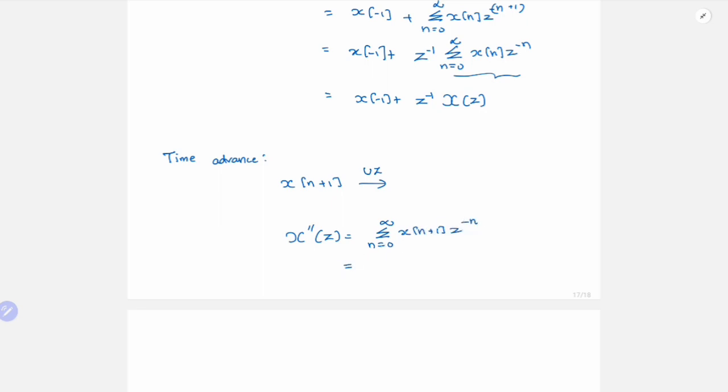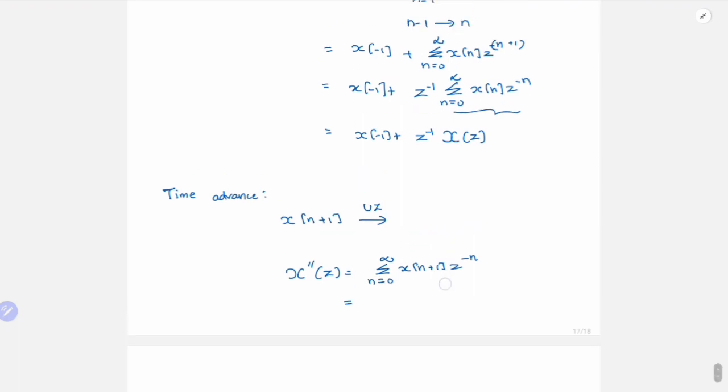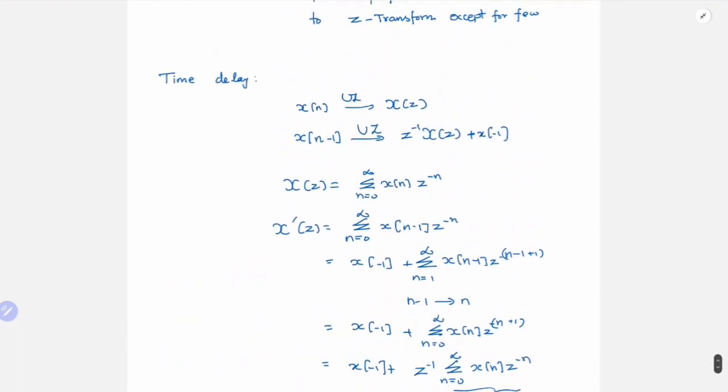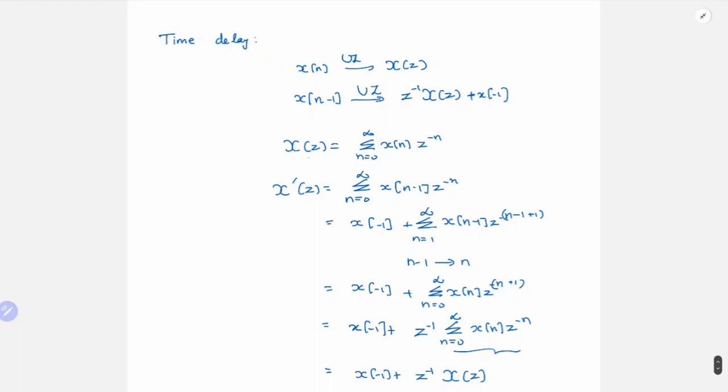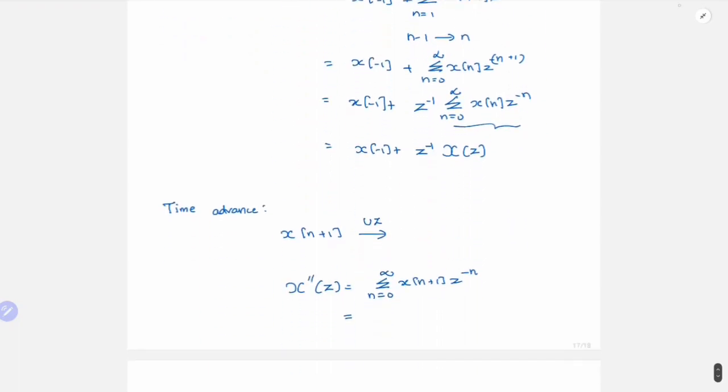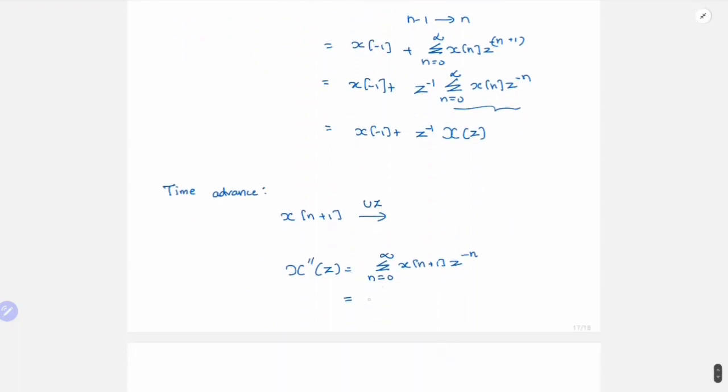So you have to add another term to make it appear like this term, correct? Firstly, I will take one z outside so that I'll get n equal to 0 to infinity x of n plus 1 z power minus of n plus 1.